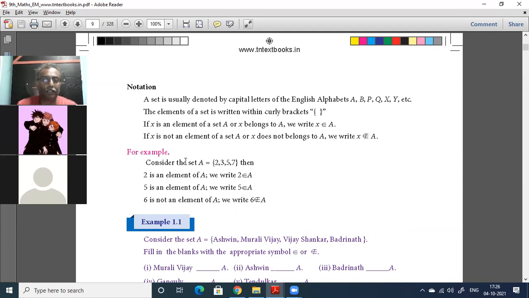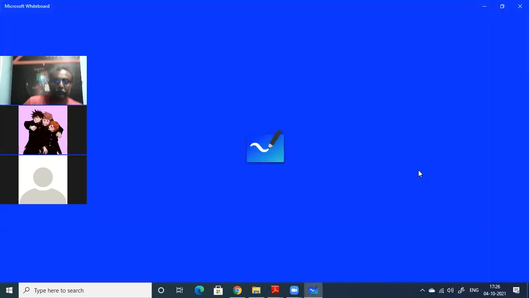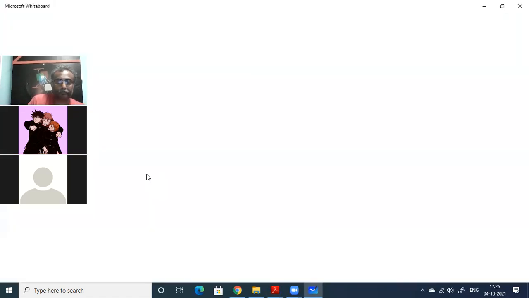You know how to write a set, correct? So we said this orally, but in practice, how will you write this? A is equal to curly brackets, the elements, and then a closed curly bracket. Very good. So you know that.